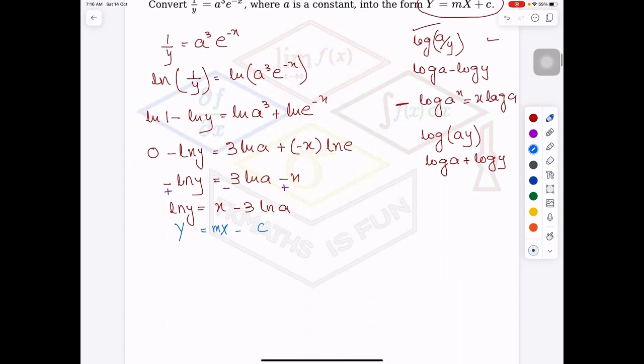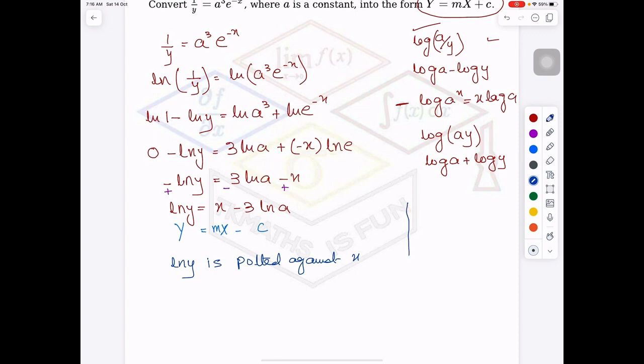So if I say this equation is already changed into linear form, and if somebody asks you what you are plotting against what, because the language of mathematics here in terms of linear law is very important, you will say ln y is plotted against x.